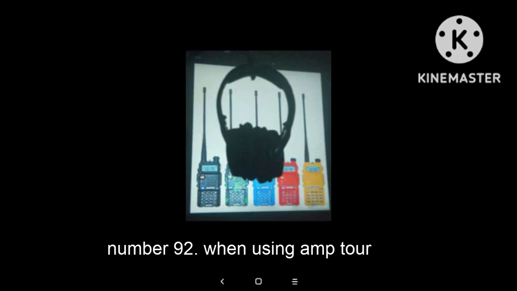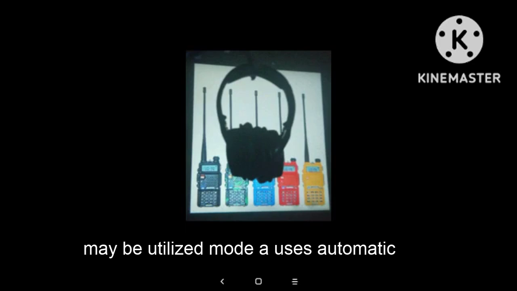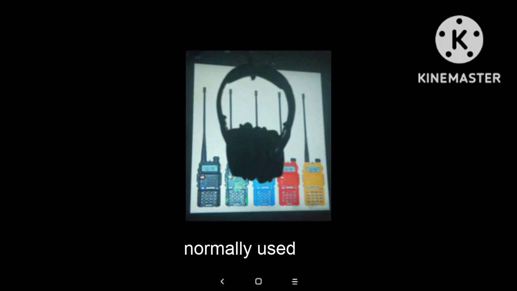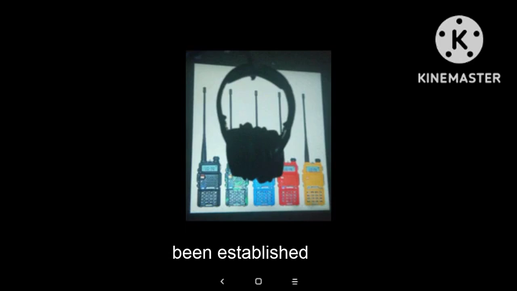Number 92. When using AMTOR transmissions, there are two modes that may be utilized. Mode A uses automatic repeat request, or ARQ, protocol and is normally used for communications after contact has been established. Number 93.